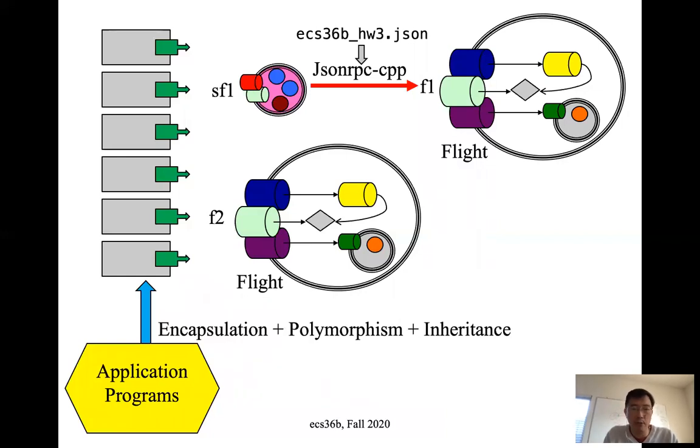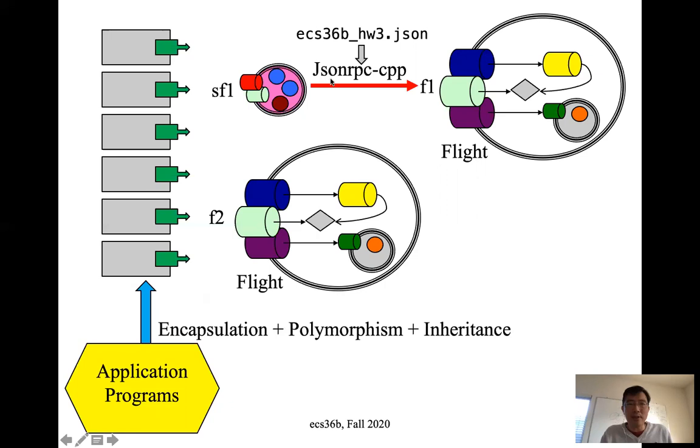Okay, so F2 is over here, while the SF1 was not really created as a fly, it was created as a shadow fly. I'm just drawing it a little bit smaller, meaning that this is a particular kind of object whose purpose is actually to redirect to something else.